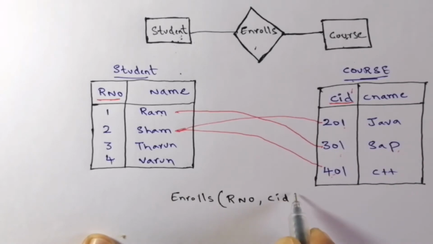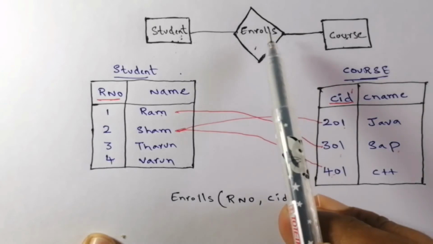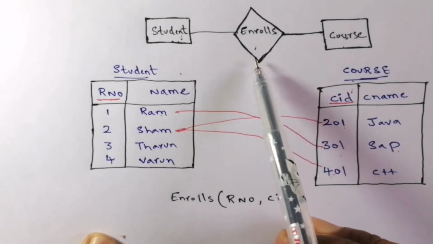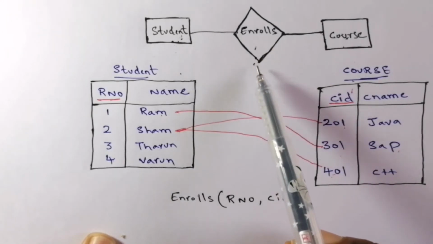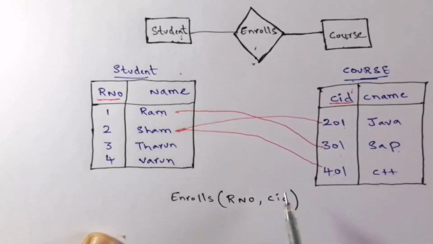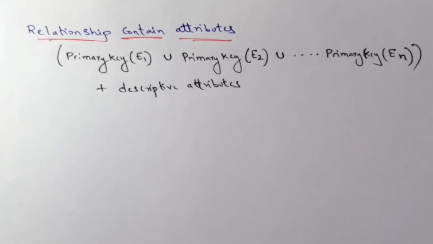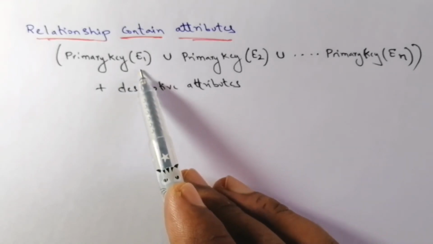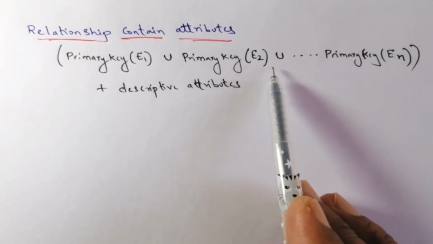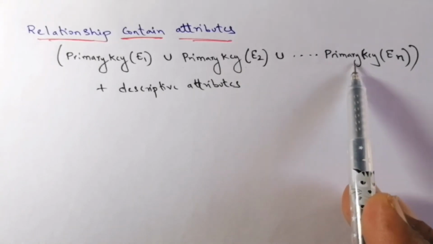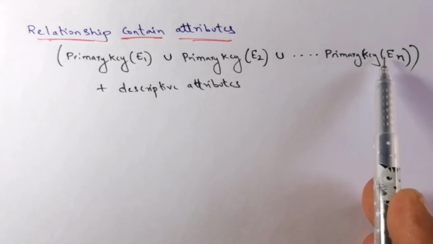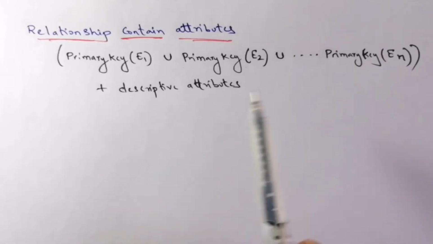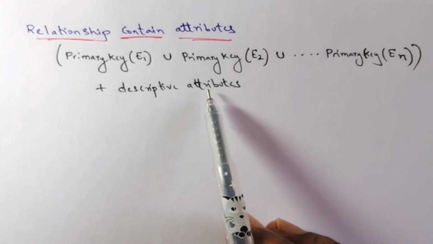Also, if the relationship has descriptive attributes, we are going to study about descriptive attributes. If it has descriptive attributes, those are also included in this particular relationship. A relationship contains the primary key of its participating entities, E1 union primary key of E2, and so on, plus descriptive attributes if it has any.